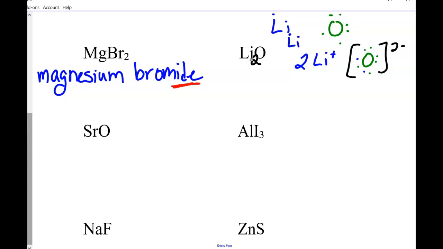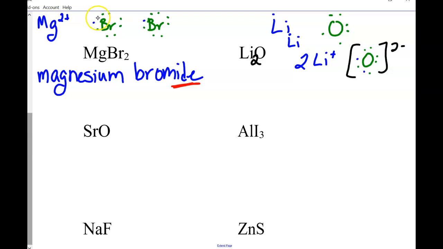And you'll notice that magnesium bromide is the same concept. Magnesium has 2 valence electrons, so it's going to lose those 2 valence electrons and become a 2+ ion. And then each bromide has 7 valence electrons, so each of those bromides is going to gain 1 electron from magnesium.